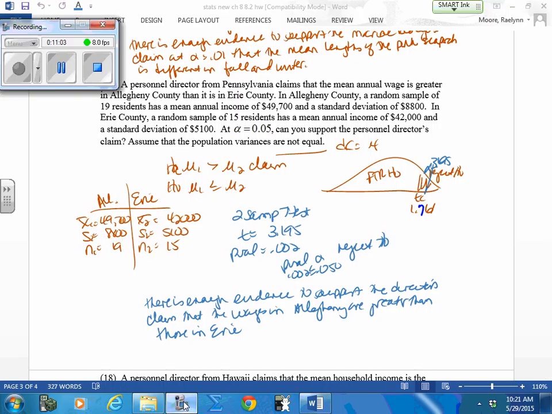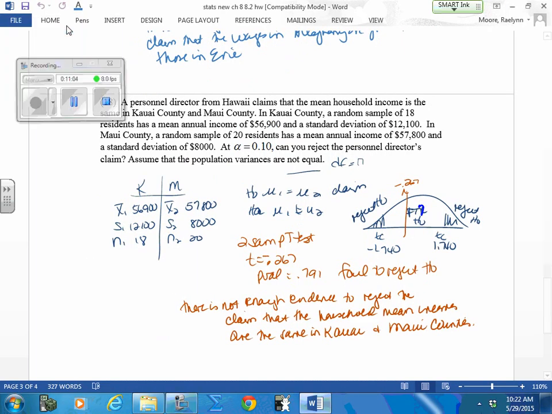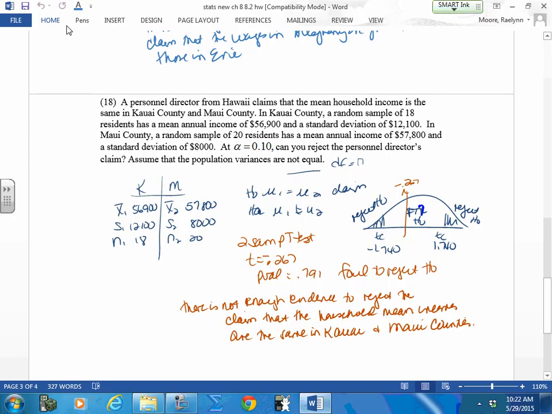All right. Now, make sure. Oh, I said 19. Okay. All right. They claim that it's the same. If it's the same, they are equal. So you have a two-tailed test. Your variances are not equal from your population, so you're going to take the smaller n, subtract 1. Your degrees of freedom is going to be 17.